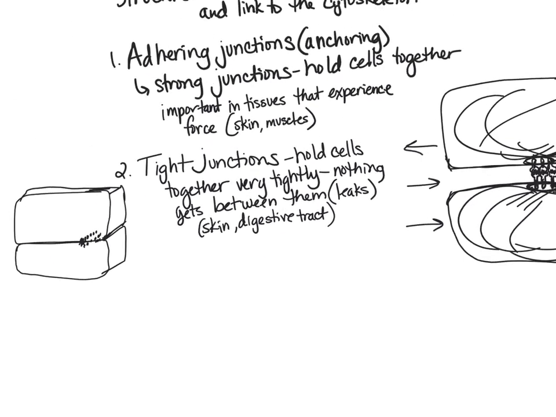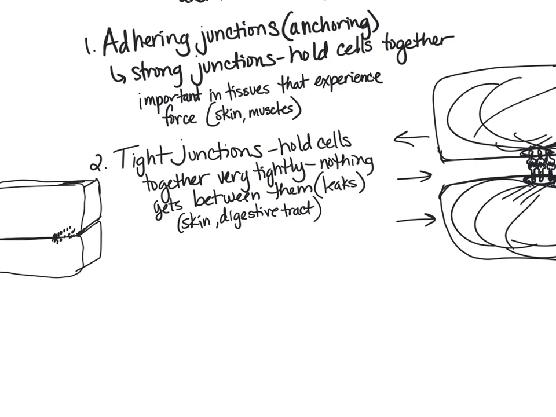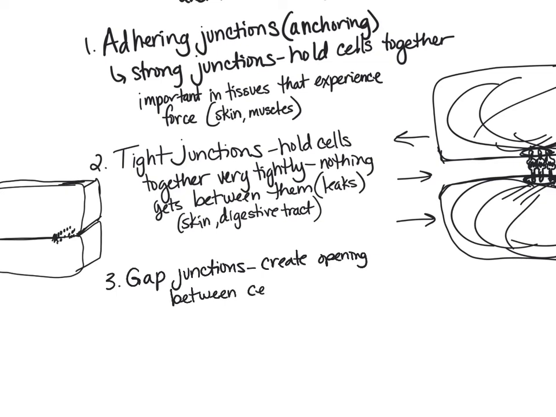So then our last junction that we're going to talk about, the third one, is gap junctions. So our gap junctions actually create openings between cells to share cytoplasm and signals.